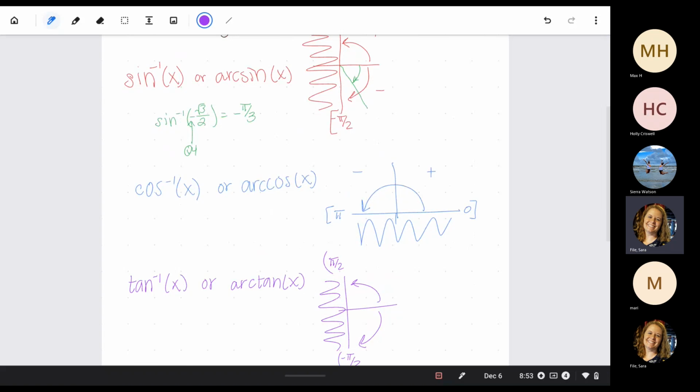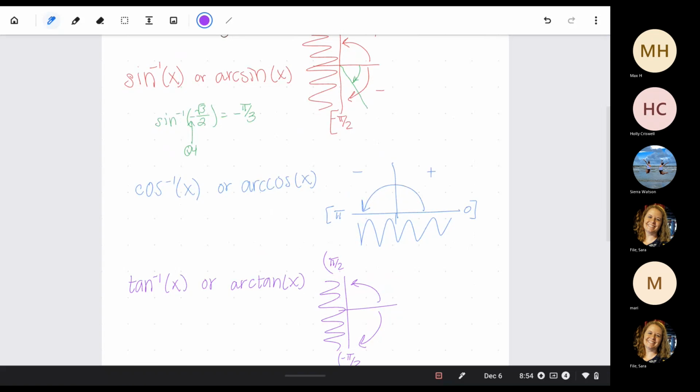But if that confuses you, you don't really have to know the why as long as you understand where they exist and where they don't. It's helpful, sometimes it makes more sense if you understand the why. But at this point with the test tomorrow, you don't really need to worry about the why. You just need to know which quadrants your answers can come from.